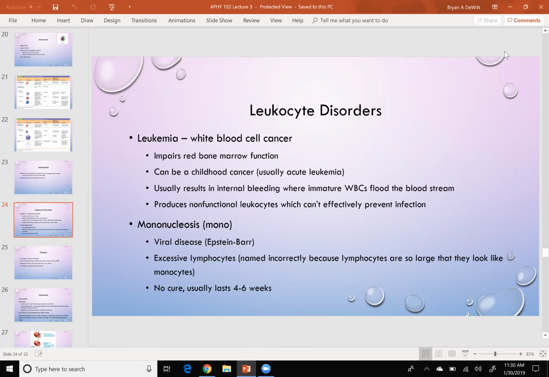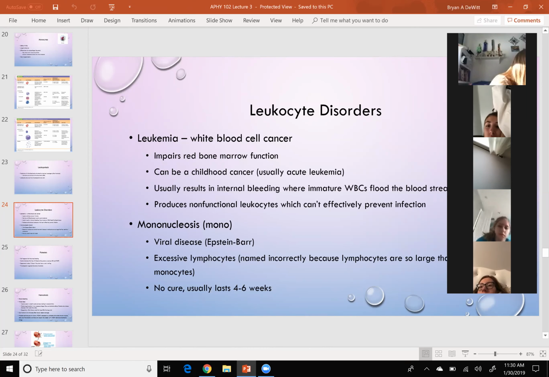So mono is kind of cool. Well, I'll say mono is interesting. Mono comes about from a virus, but it's named because of monocytes, because the cells look so big. Mono is actually due to lymphocytes that get infected, not monocytes. It's just the lymphocytes look so big.